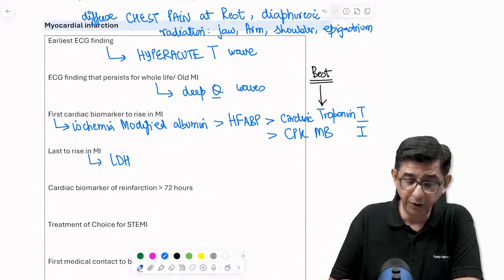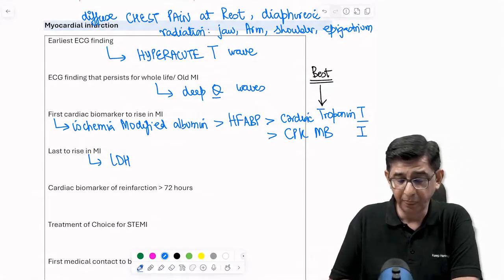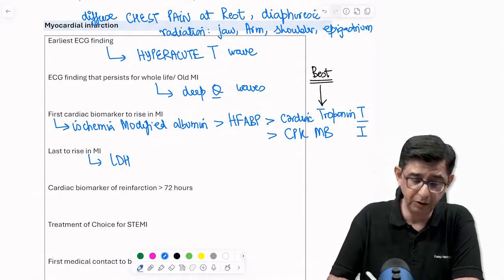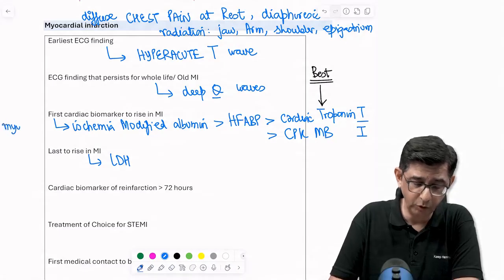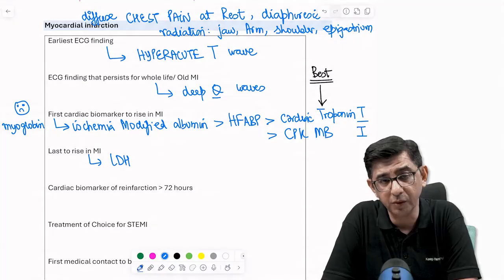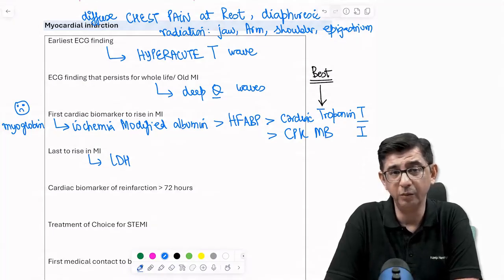An additional point I want to bring to your attention is that whenever we are discussing myocardial infarction in pathology, they will always talk about myoglobin, but myoglobin is not recommended because it is present in skeletal muscle also.